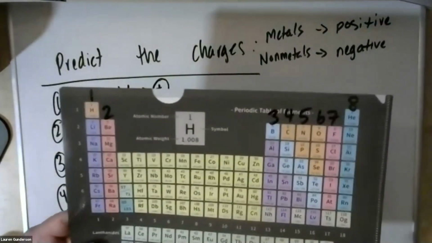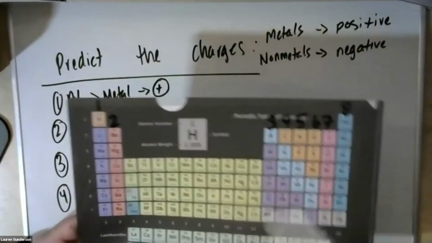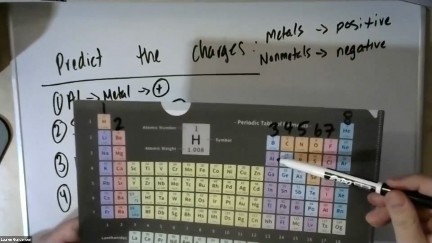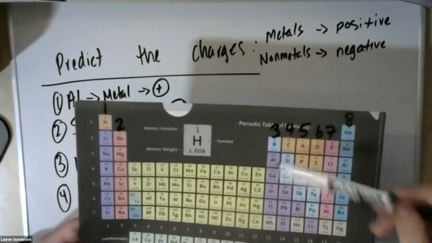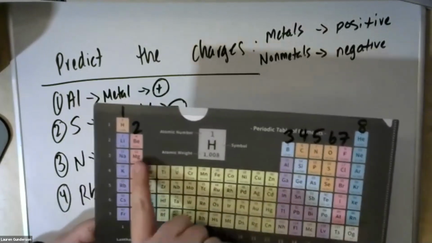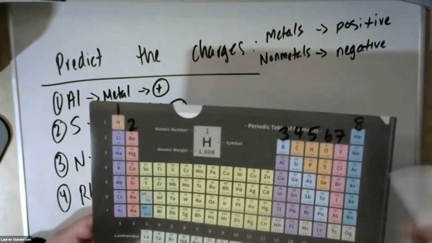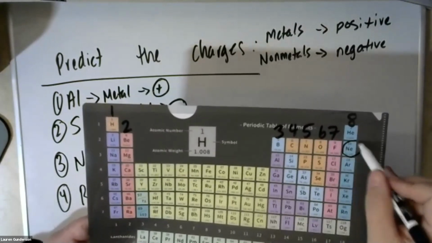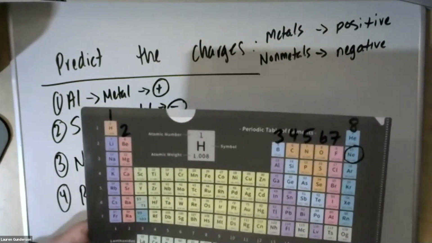These are the numbering system of our main groups. So aluminum is in group 3. It's a metal, meaning that it has 3 valence electrons. So it's going to lose its 3 valence electrons so that it can have a noble valence structure like its nearest noble gas, which is neon.